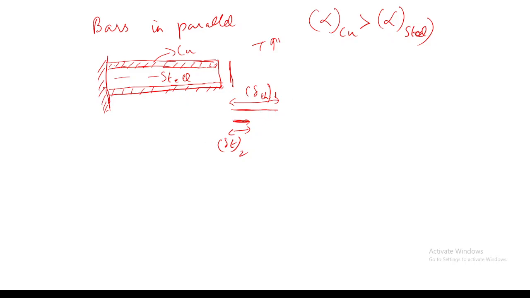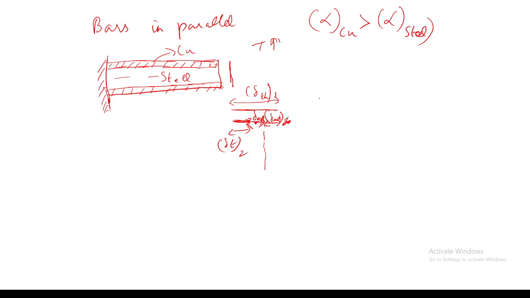Whereas the same amount of reaction load will be applied on the steel by the copper, so that it will try to elongate. So the final deformation will be somewhere in between. So this will be the elongation due to the axial load from the reaction force of copper, whereas for copper this will be the compressive deformation due to the axial load from steel.